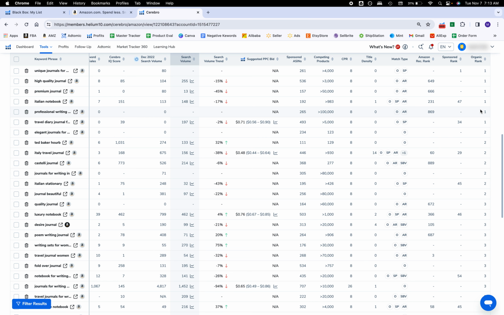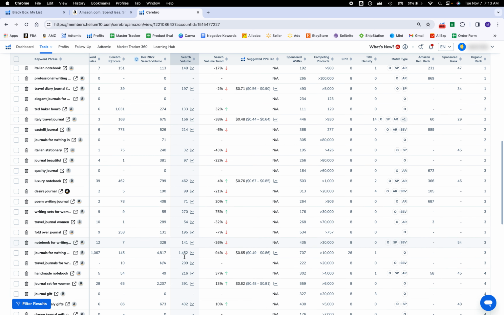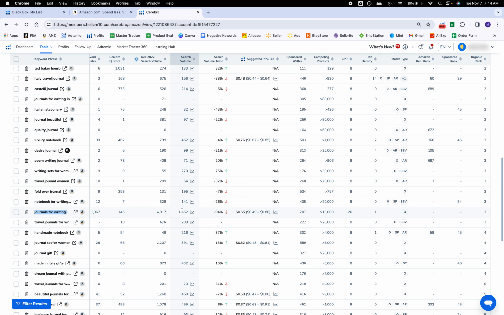The organic rank tells you what is making the sales for the most part, but at the same time, you've got to look at the search volume down here, and this is really where the biggest keyword is that they are ranking for in the top 10 of organic rank, which shows me it is 1,400 searches for journal writing women. That is the main keyword that we're actually converting for, or not converting for, but actually probably getting some sales on.